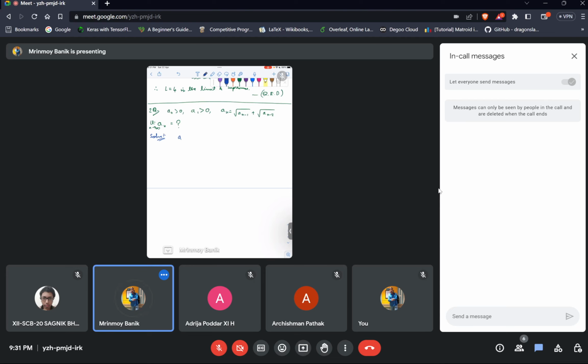If we start with A2, it's A1 plus A0 greater than A1, right? And what is AN plus 1 minus AN? So we are assuming A0 and A1 are in between 0 and 1.